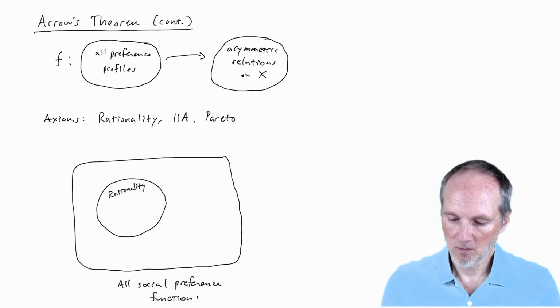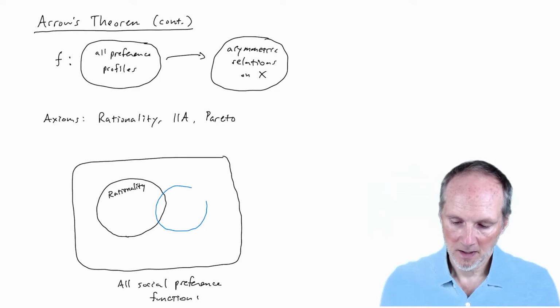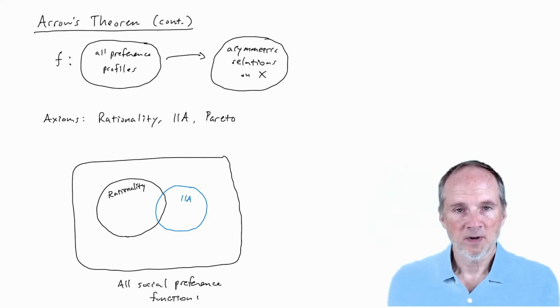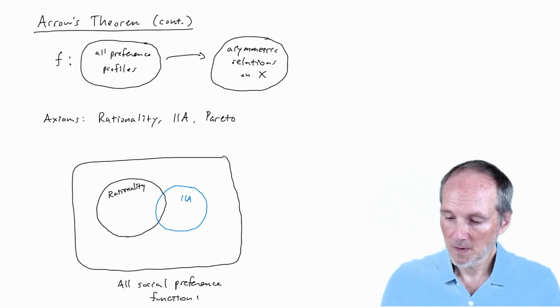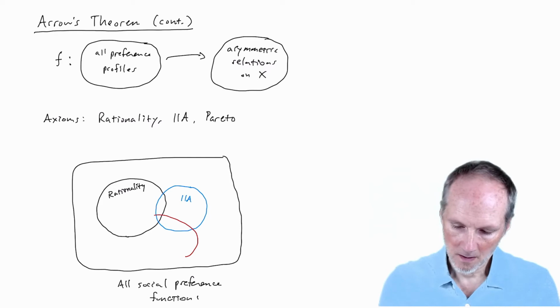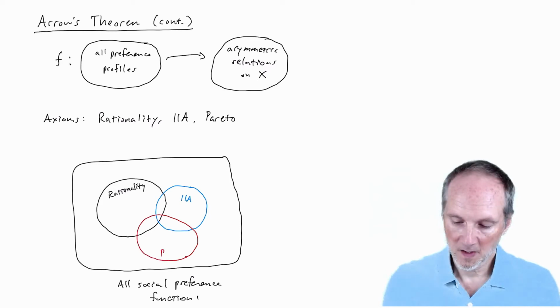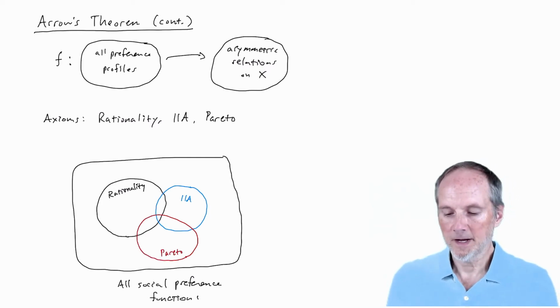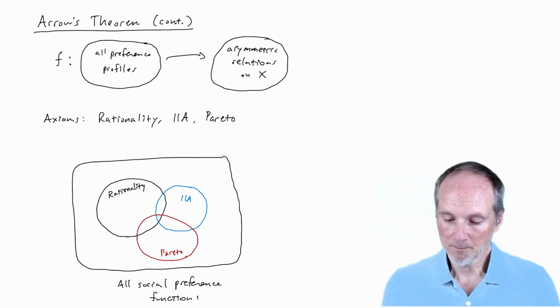Let's do one for IIA. And then here's another one for Pareto. Each one of these blobs you can think of as isolating the social preference functions satisfying the corresponding axiom.